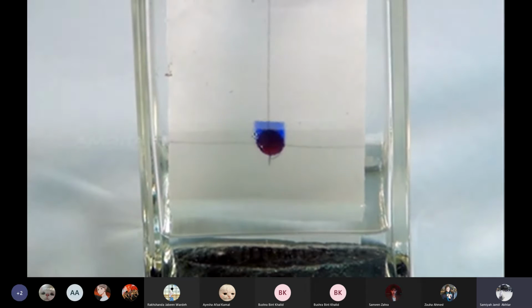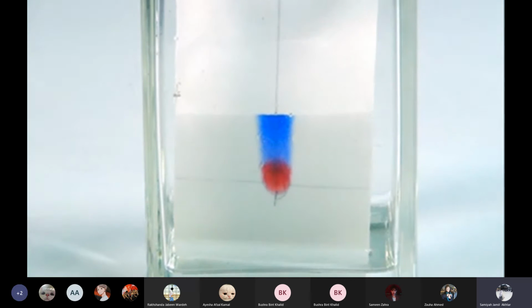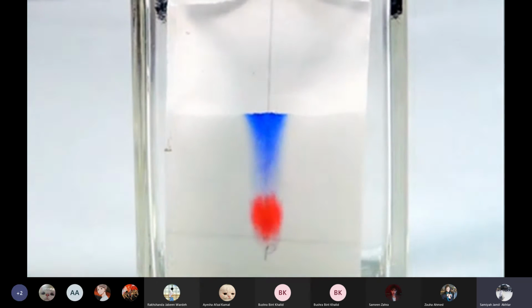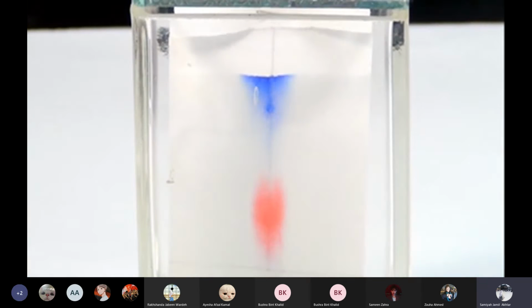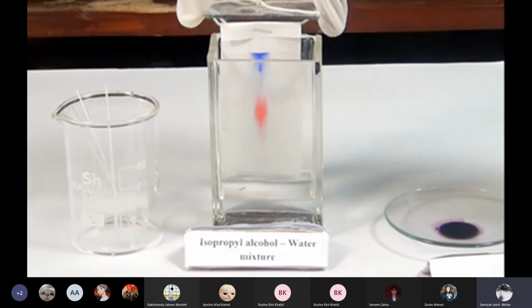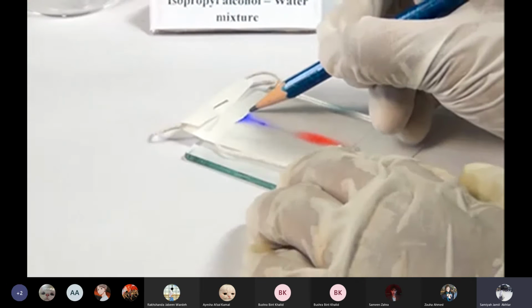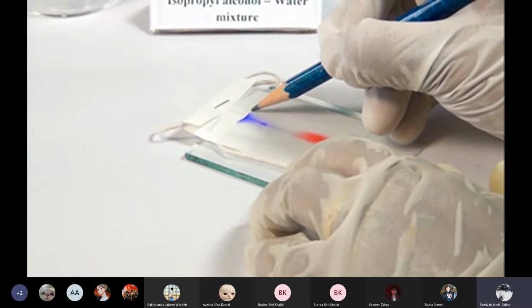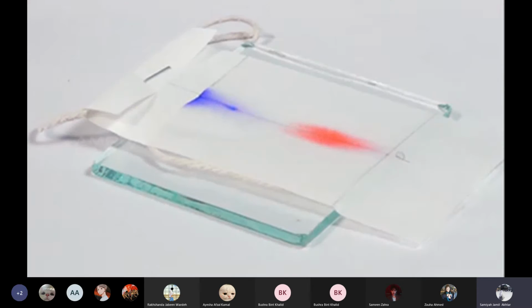Keep the chamber undisturbed for some time. Notice the rising solvent along with the red and blue inks. After the solvent has risen, you will notice two different spots of blue and red colors on the filter paper. Take the filter paper out of the chamber and mark the distance that the solvent has risen on the paper with the pencil. This is called the solvent front.